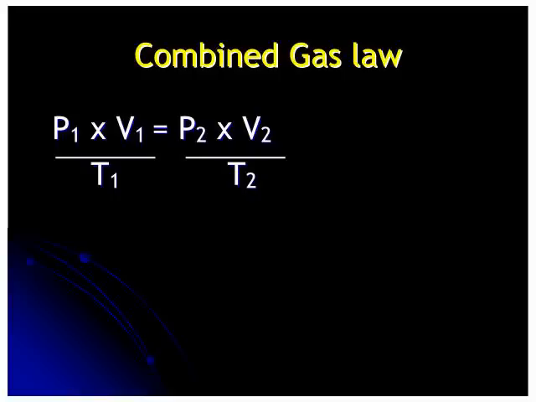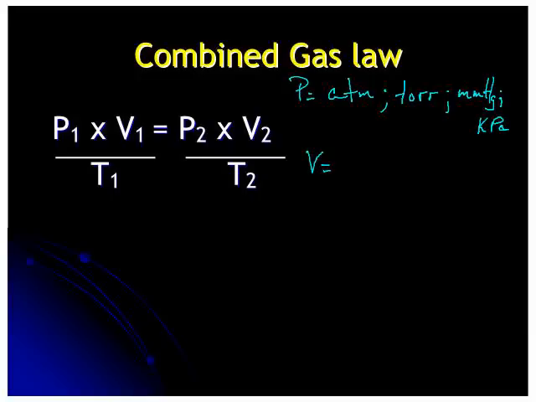Now this pressure can be in anything. The pressure can be in atmospheres, it could be in torrs, it could be in millimeters of mercury, it could be in kPa. Alright, so those were all the main units we practiced.